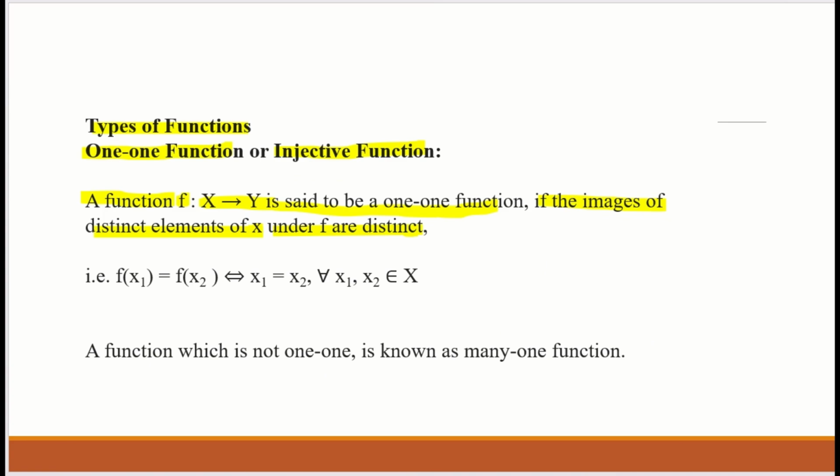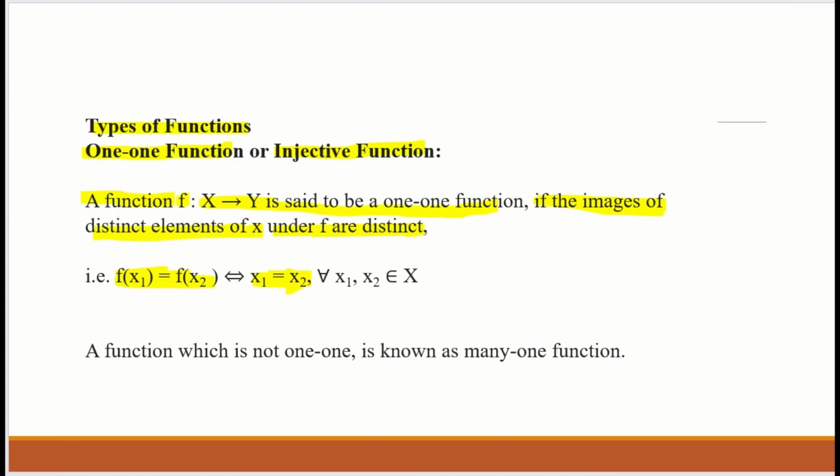A function f from X to Y is said to be a one-one function if images of distinct elements of X under f are distinct. How can we mathematically prove a one-one function? We will take two elements whose images are equal. If the images are equal, we have to prove that their pre-images must also be equal.